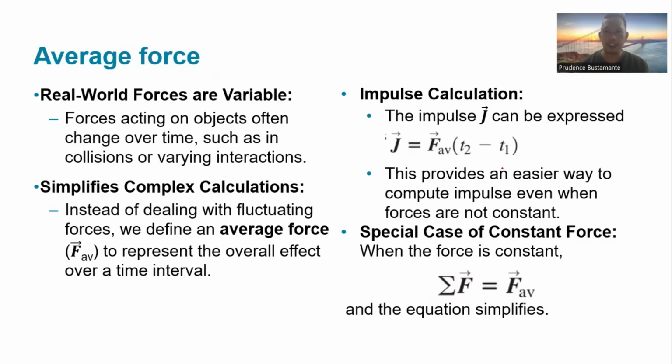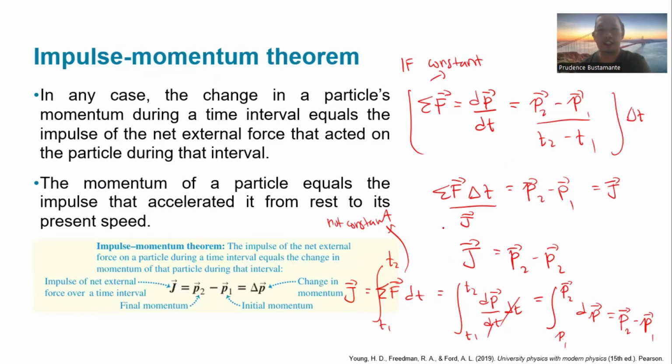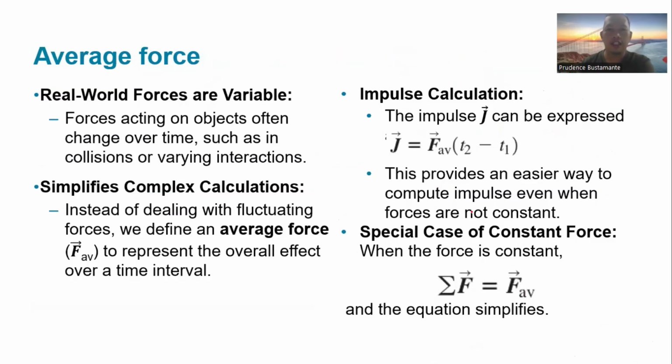It provides an easier way to compute the impulse even when forces are not constant. For the special case that the net force is constant, F average is equal to the net force, and this equation goes back to the earlier one. So we define F average to address the fluctuating values of the force.